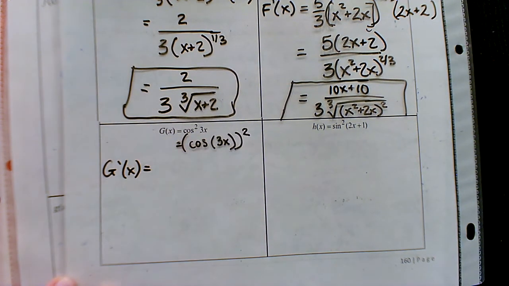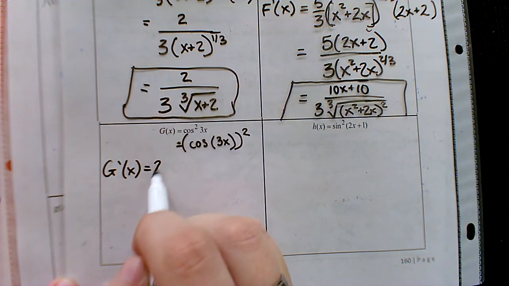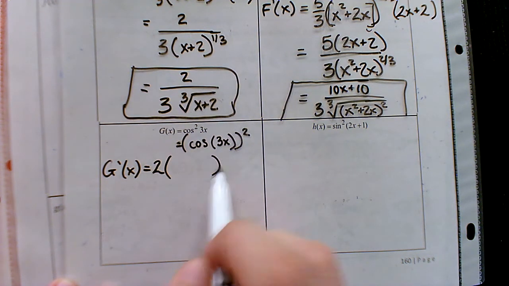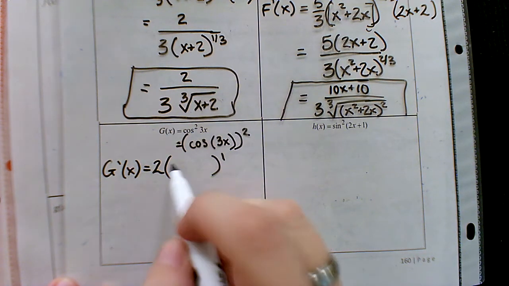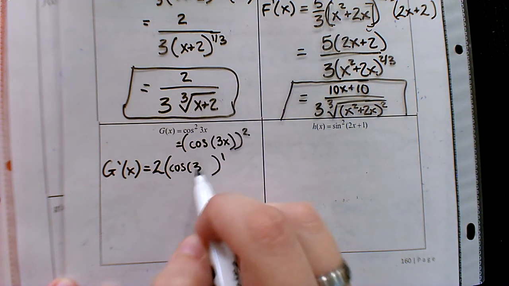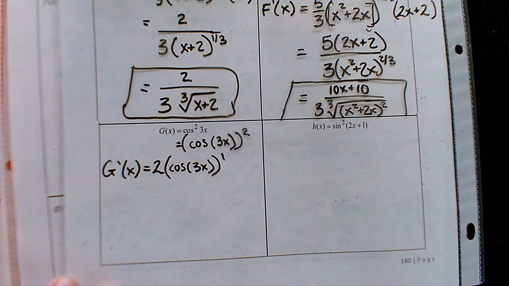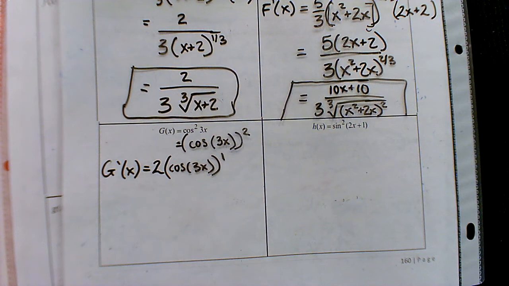Okay? So you identified the outer layer to be the power of 2. So we're going to bring down the 2. Our new power is 1. And we keep everything else, all the other layers. All right. The next layer you guys identified was cosine. What's the derivative of cosine?